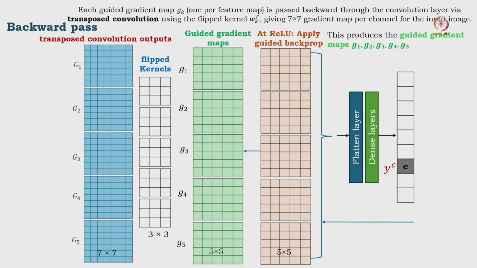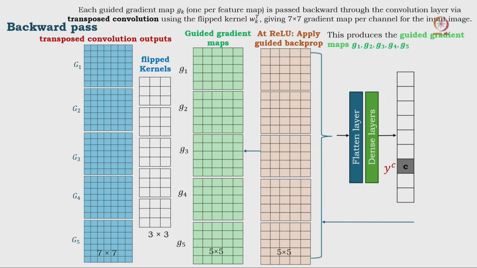Now, where have we reached? In the backpropagation, we are now reaching the input. We have completed the entire convolution operation in the backward pass, where the gradients are obtained and guided backpropagation is applied. Now, we have reached this particular stage.